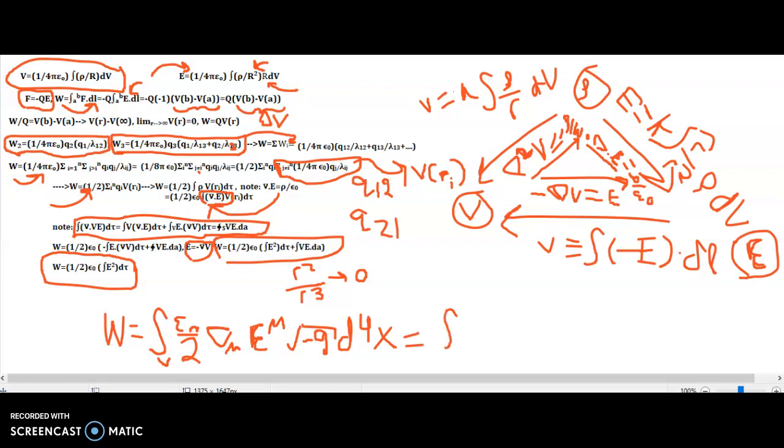Which is just integrating over the boundary of the field, and then times some unit normal vector.